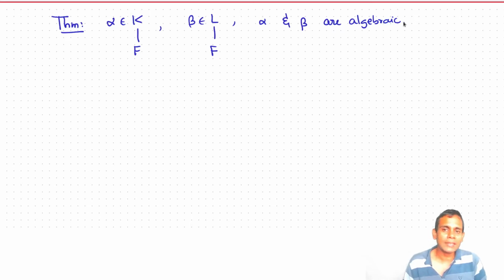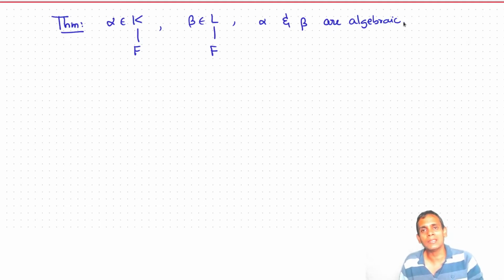And if alpha is algebraic but beta is transcendental, then F(alpha) is a finite dimensional vector space over F, whereas F(beta), when beta is transcendental, is going to be infinite dimensional. And so we know that F(alpha) cannot be isomorphic to F(beta). So the only interesting case for the isomorphism question is when alpha and beta are algebraic.